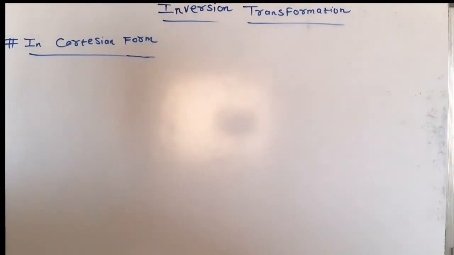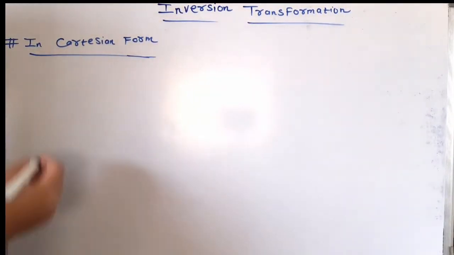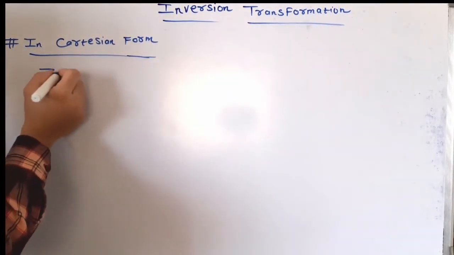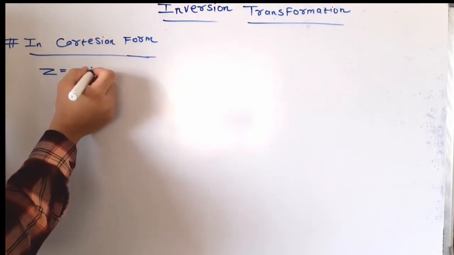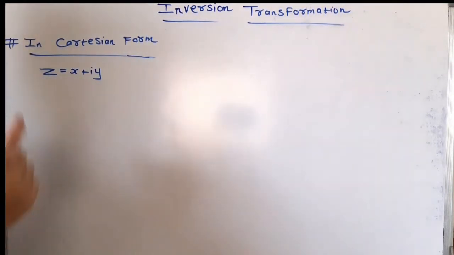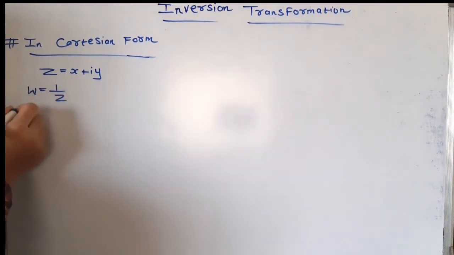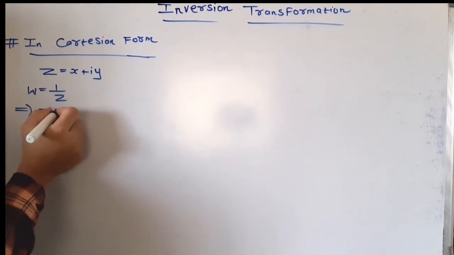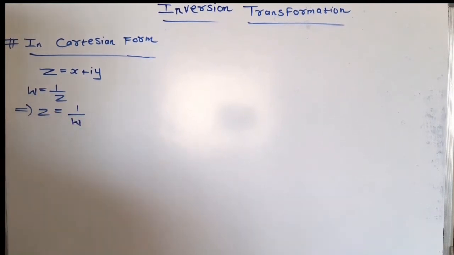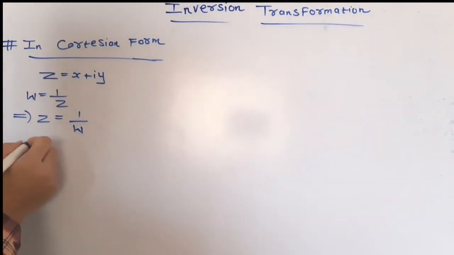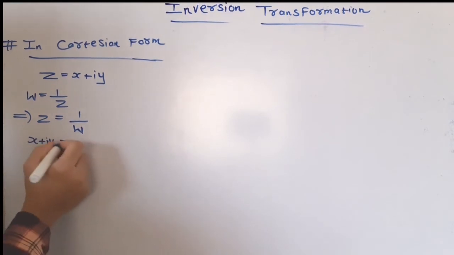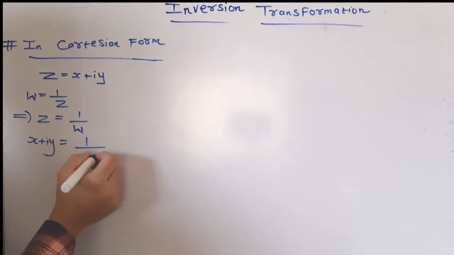Now we will see the Cartesian form. A complex number z can be written as z equals x plus iy in Cartesian form. Now we have the inversion transformation, that is w equals 1 upon z. Now we will take z on the left hand side for our derivation. So let z equals x plus iy and w equals u plus iv.